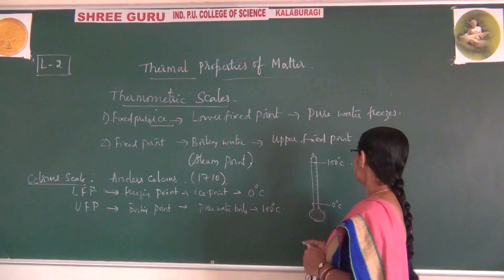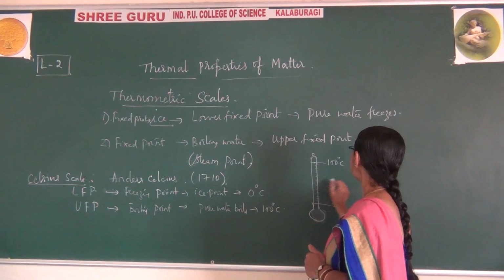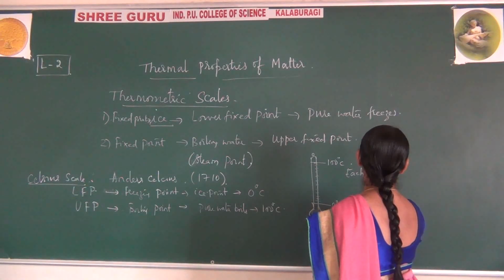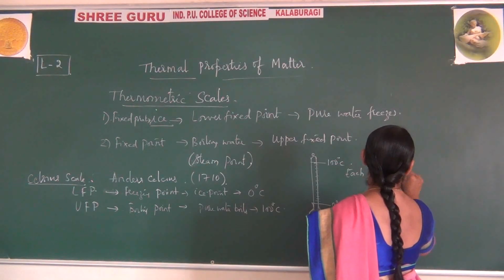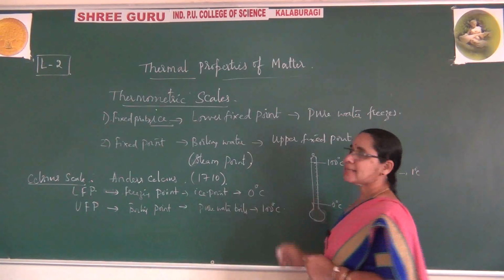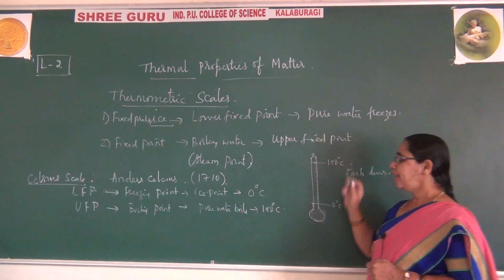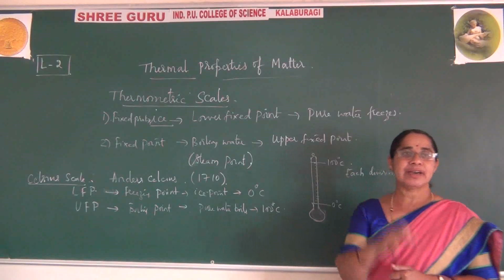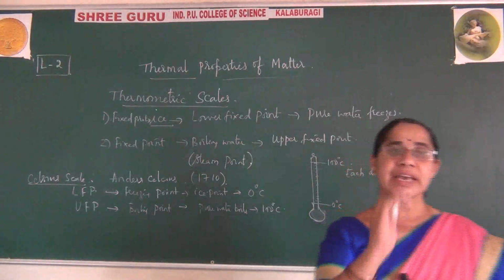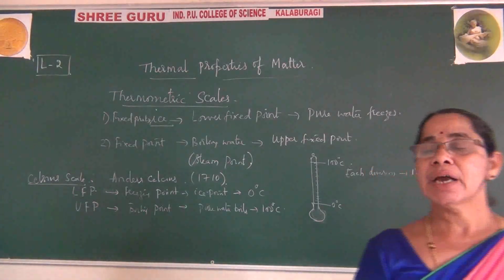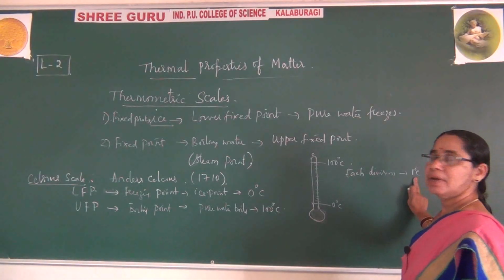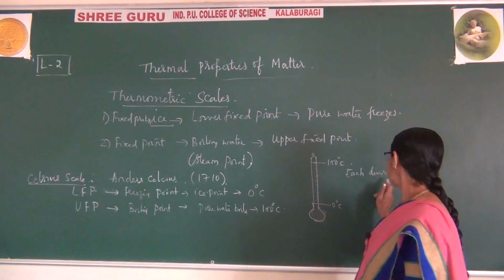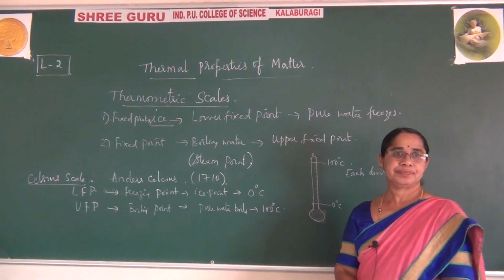Each division he has taken as equal to 1 degree centigrade, because the starting point was 0 degrees and the ending point was 100 degrees centigrade, and in between it is equally divided into 100 equal parts. So each degree is called 1 degree centigrade. Depending on that he has given that scale, right?